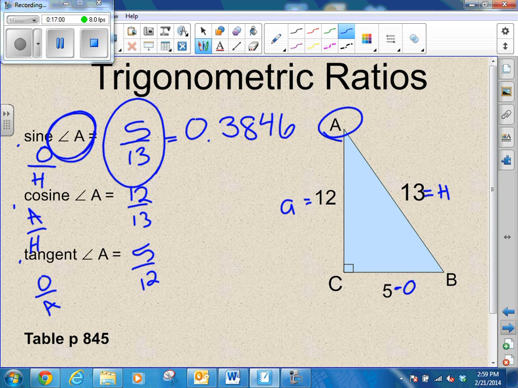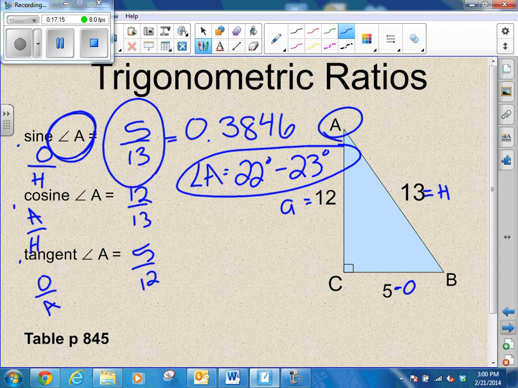Some of you are looking at me funny. Why? It's not on there. So what is that telling us angle A is? Very good. It's between 22 and 23 degrees. We don't know the exact value, we just know it's somewhere in between there from the table.